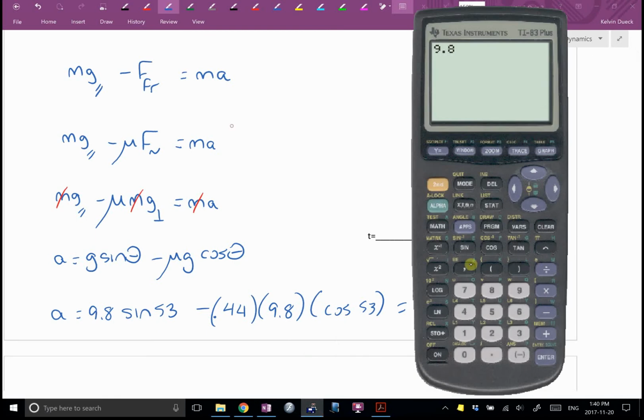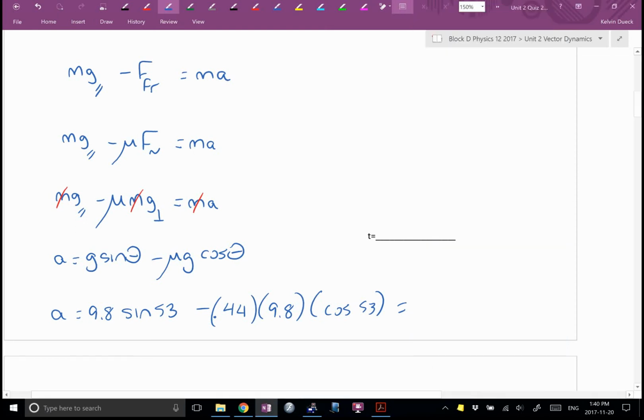So 9.8 sine 53 minus 0.44 times 9.8 cos 53. I get an acceleration of 5.2316. You know what? There's a 0 after the 6. That gives me 5 sig figs. That's probably a good place to round off. 5.2316 meters per second squared.